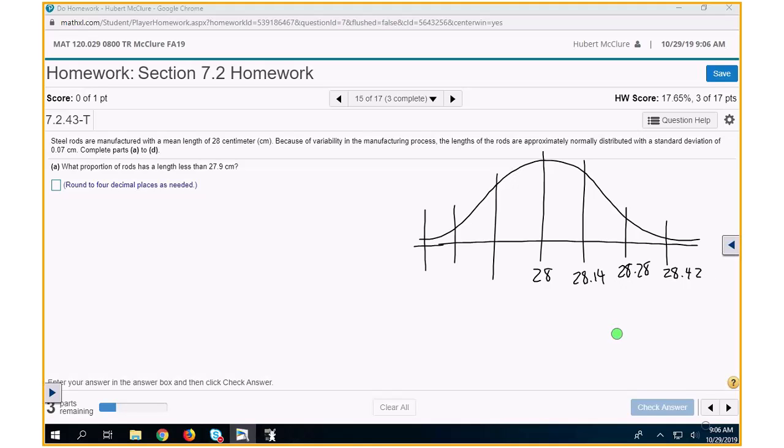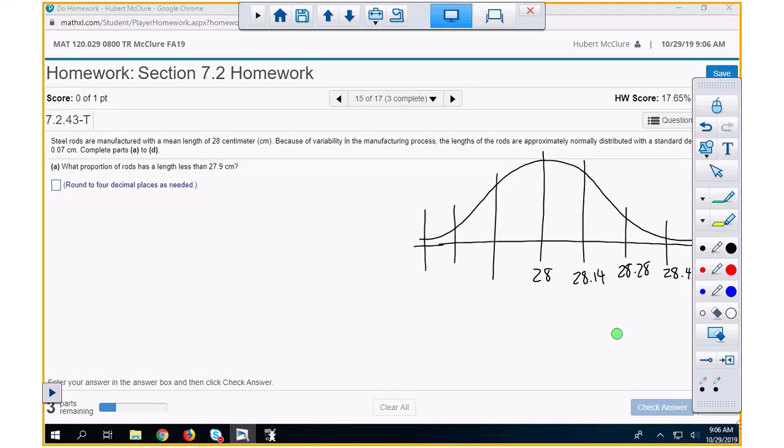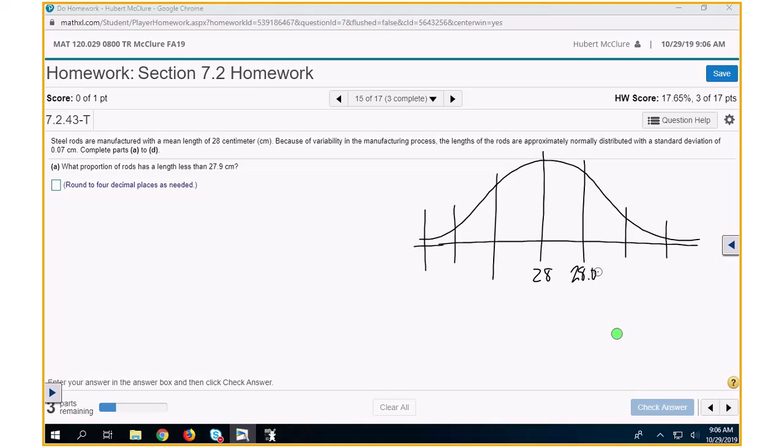Why'd you go about 0.14, Jeff? I did 14 cents. Sorry, 21. So now that's going to be 28.07, 28.14, there we go, and 28.21.